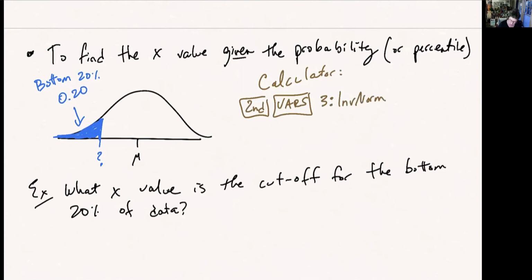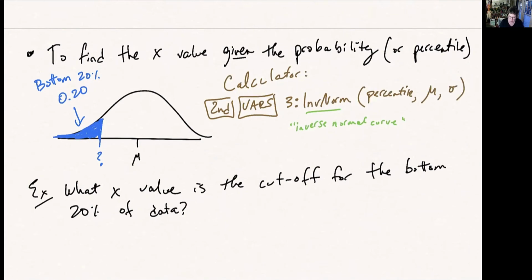This means inverse norm, as in normal curve. What we put in is the percentile associated with it, then the mean, and then the standard deviation. Do you notice that the order is just about the same, except instead of the min and the max, we're putting the percentile, and then still the mean and the standard deviation?